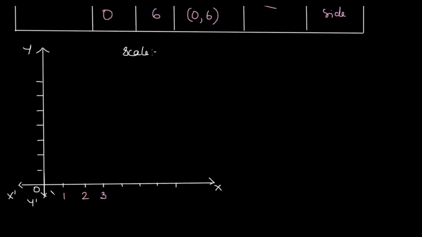It is easier that way. This has to be done on both the axes. So our scale is 1 centimeter equals 1 unit on both axes.